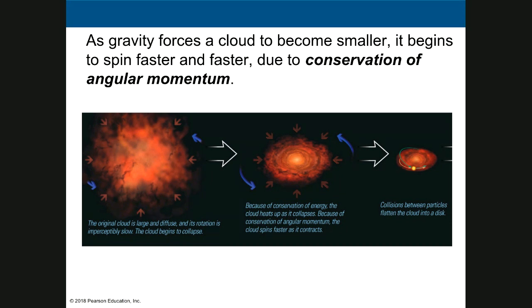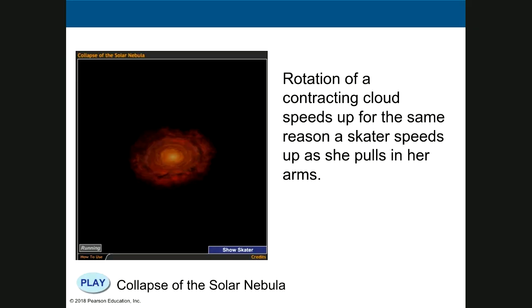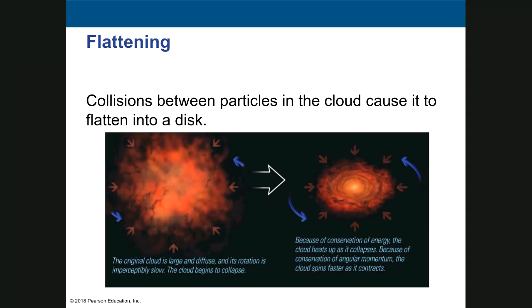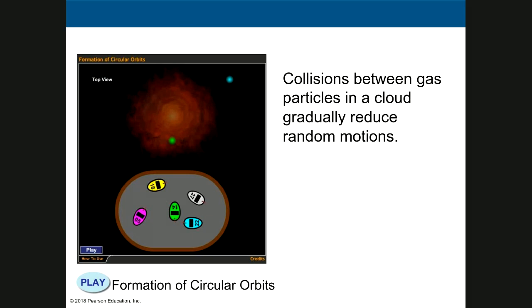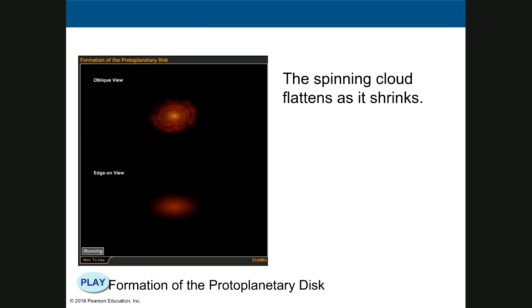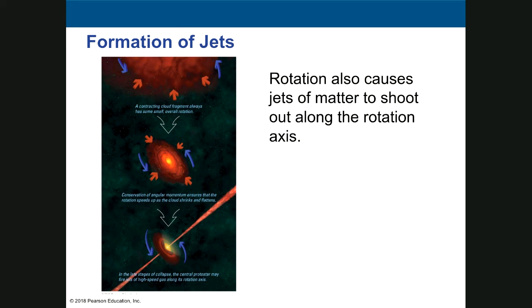All right. So when we look there, we can start to see these things. This is all just a review of the other thing we talked about, flattening. I'm going through this quickly to get to the point, because as the disk is collapsing, we can see in the late stages of collapse before the star ignites fusion, the central star is not a star yet, so it's called a protostar, and it may fire jets of high speed gas along its rotation axis.